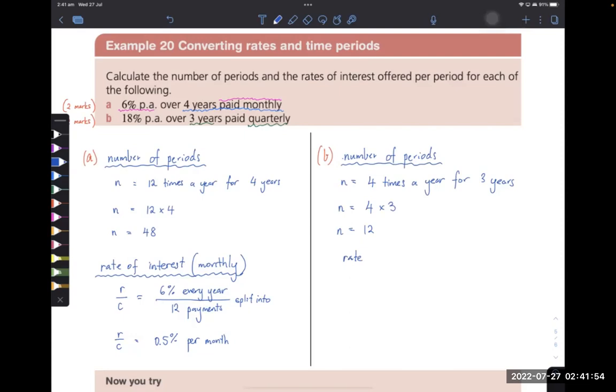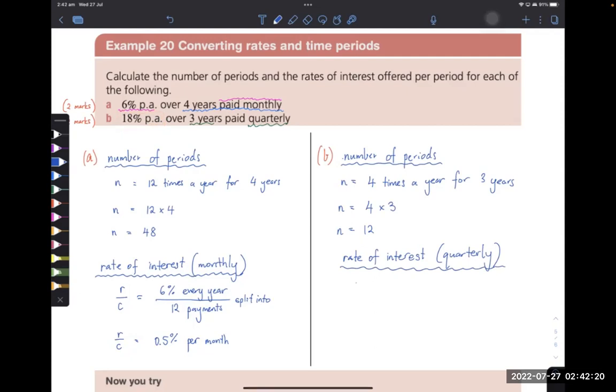Now, this idea of the rate of interest, currently you can see it's 18% every year. But now I'm going to ask you, how many times are we going to split that percentage throughout the year into this idea of quarterly?